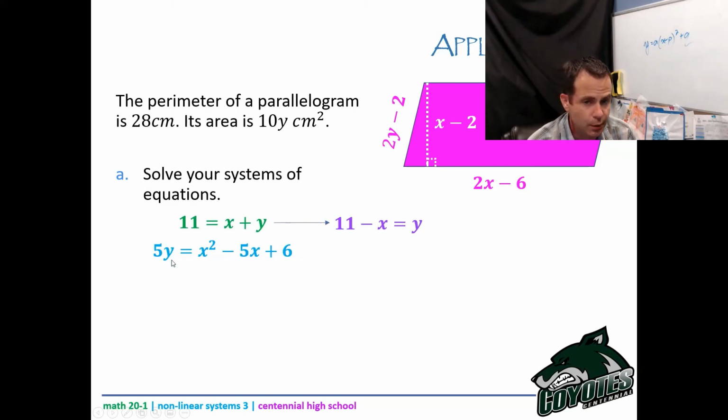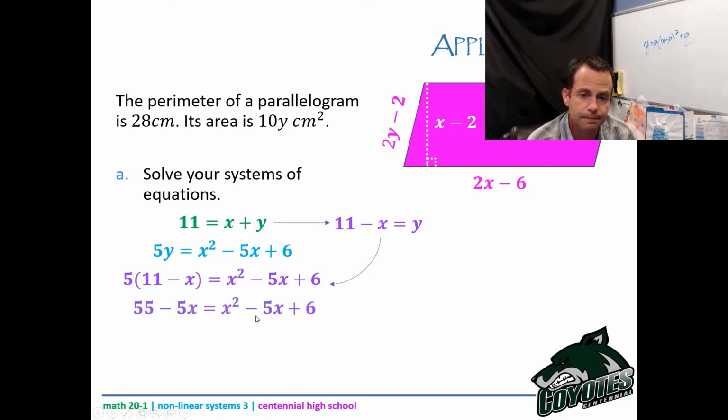So where I see the y in the blue equation, that says 5 times y, I'm going to substitute that y with 11 minus x, so that it says 5 times 11 minus x, because 11 minus x and y are the same thing. Now I distribute the 5, so that's 55 minus 5x equals x squared minus 5x plus 6.